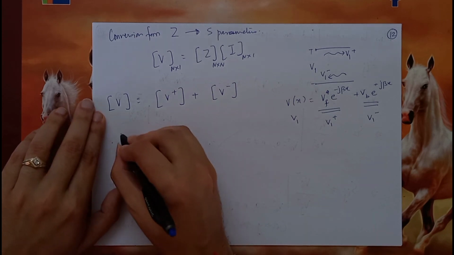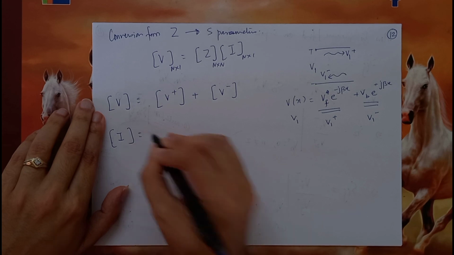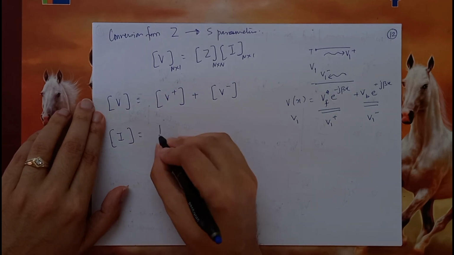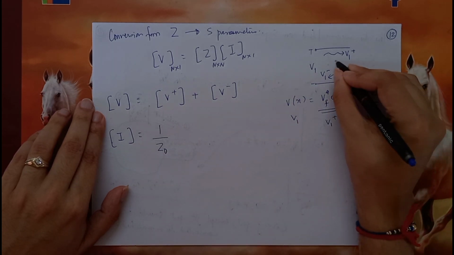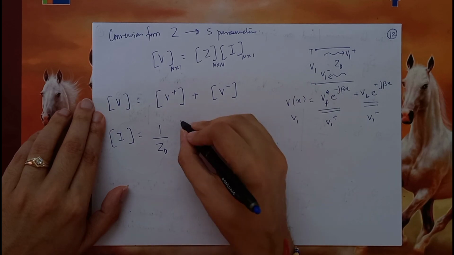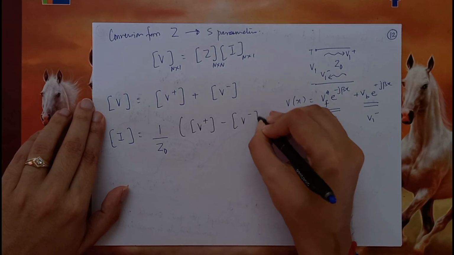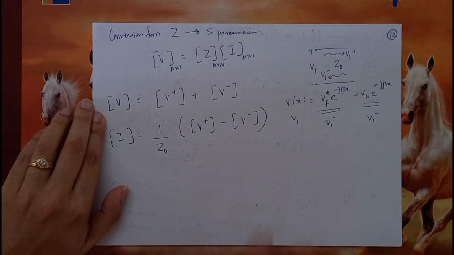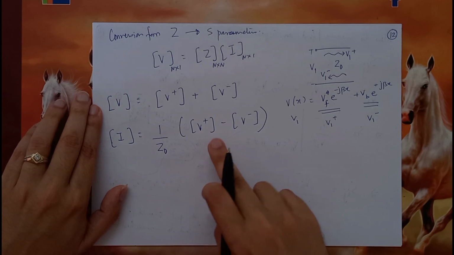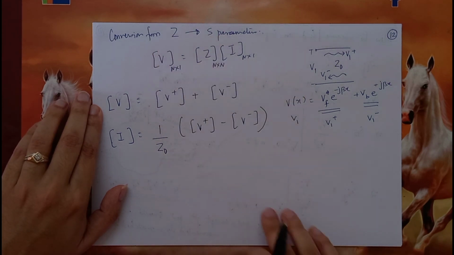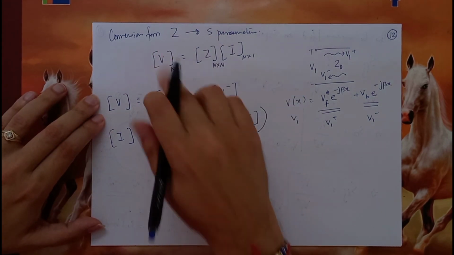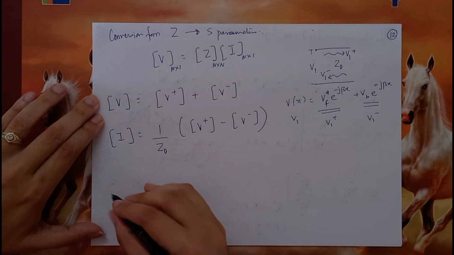Right? And likewise, the current is what? Current is 1 by Z0, where Z0 is the impedance of this line, times V plus minus V minus, which is nothing but an extension of our transmission line theory. So if I now substitute these equations over here, what do I get? If I put V, this equation, I will get this.